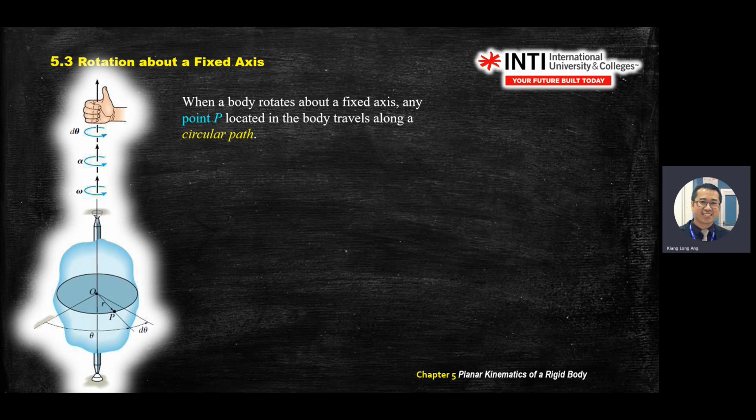In particles, for position you use S, velocity you use V, ds dt, acceleration A, dv dt equal to d squared s dt squared. If you freeze time, you get A, but ds equal to V dv.